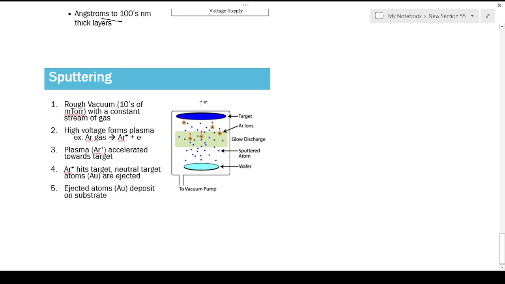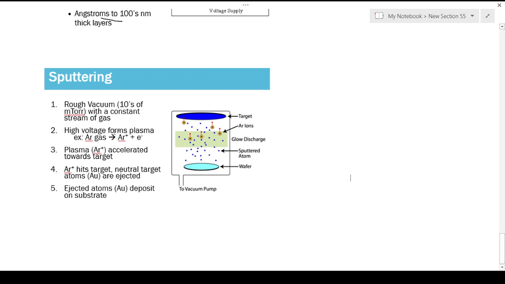You can see that we have a target material that will be placed here. This target means substrate target. Down here you can see that we have a wafer, and the sputtered ions, and the glow discharge. Here we'll be creating a vacuum of the order of 10 raised to minus 5 millitorr or something.